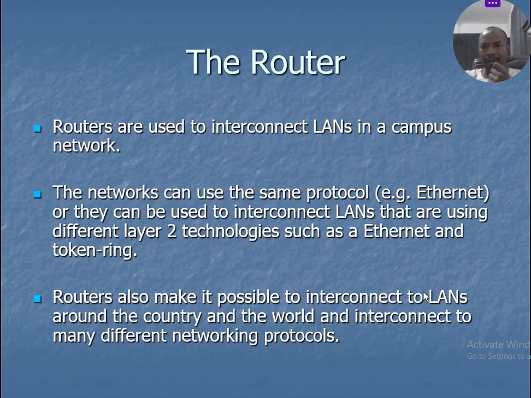That's the point we're making. Not just your country. The router actually makes it possible for us to have what we call the wide area network. It makes it possible for us to interconnect networks around the world, the whole globe. Is that okay?